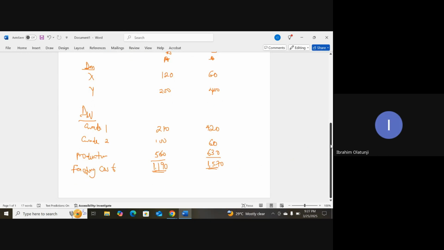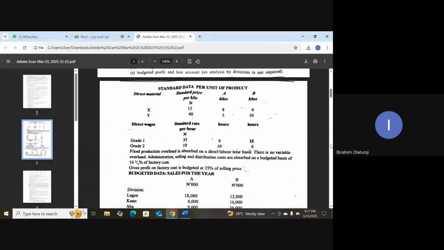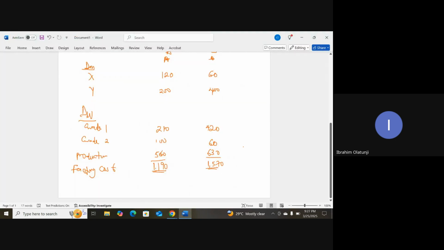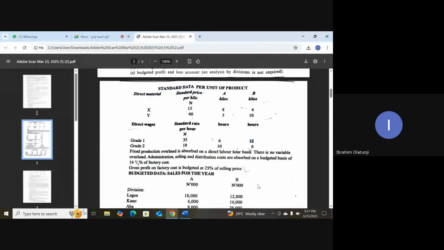From here we can get our selling price. You can see that it says gross profit on factory cost is absorbed at 25% of selling price.